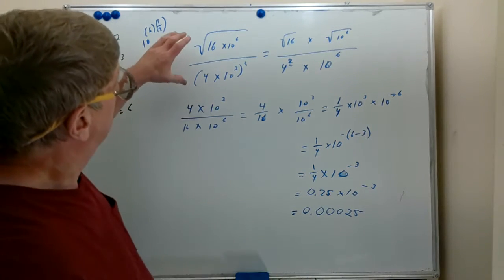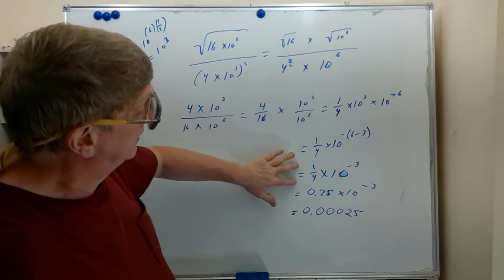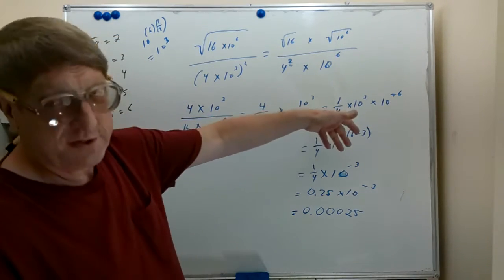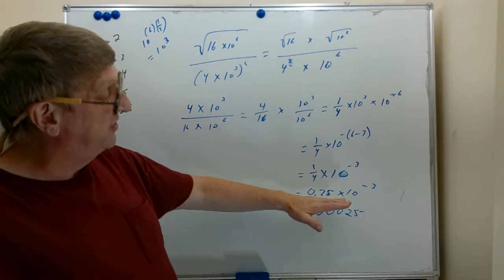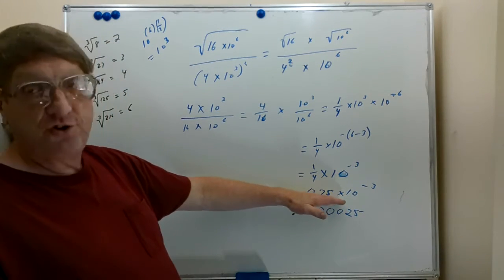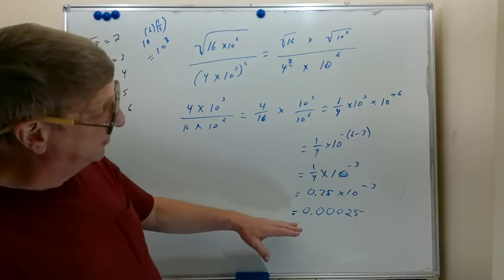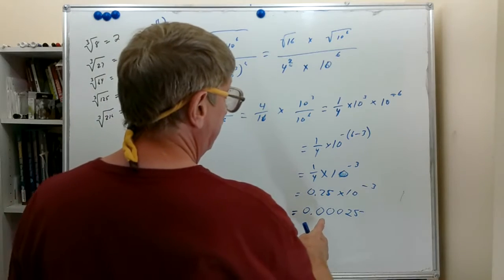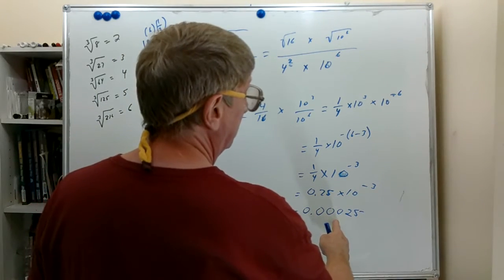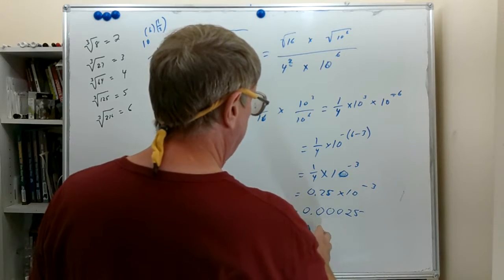So this expression simplified down to that version, 1/4 times 10 to the minus third. If we just use a fraction, we converted the fraction into a decimal fraction, 0.25 times 10 to the minus third. Then we wrote the decimal out all the way, 0.00025, which is, what is that? That's tenths, hundredths, thousandths, 10 thousandths, 100 thousandths. That's 25 hundred thousandths, right?